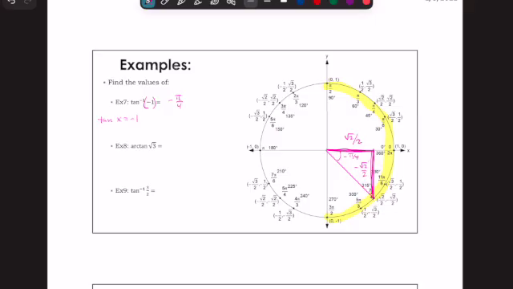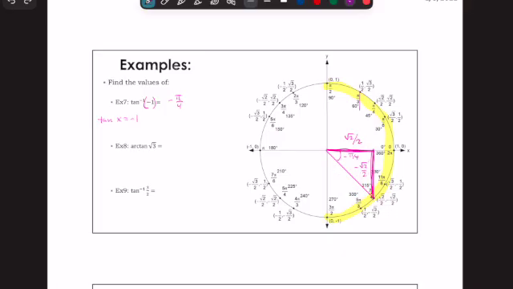When does arctan equal root 3? So again, let's do this. Root 3, we actually want this one right here. We want it to be longer down than it is tall, but it's not going to be that angle because that would be negative.